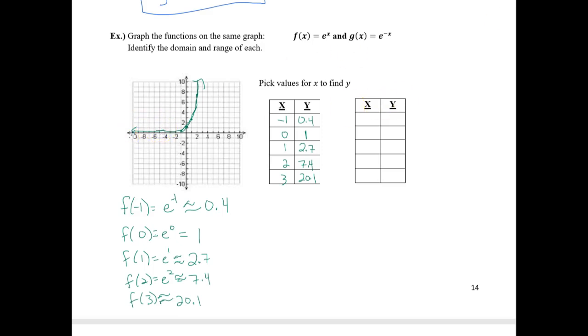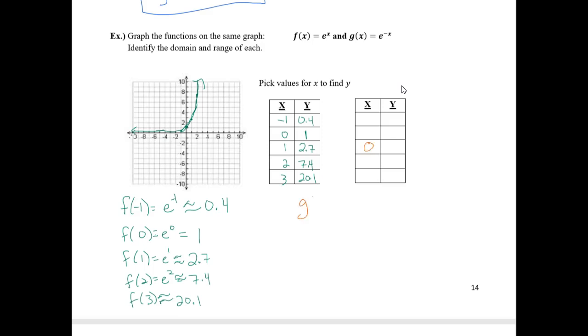Alright, now let's do g of x equals e to the negative x and see what happens. I'm going to pick a different color here. Let's do orange. Alright, I'm going to go ahead and test out some values to see what's going to happen here. Let's just go ahead and put 0 in the middle.